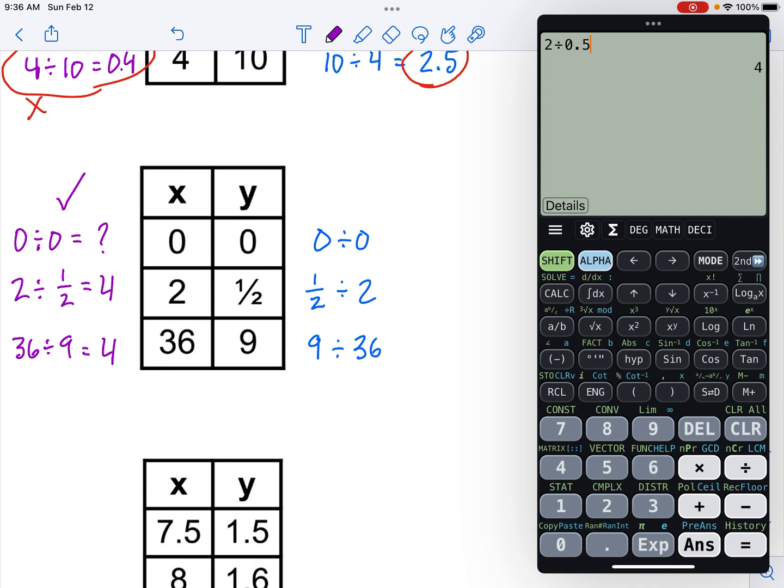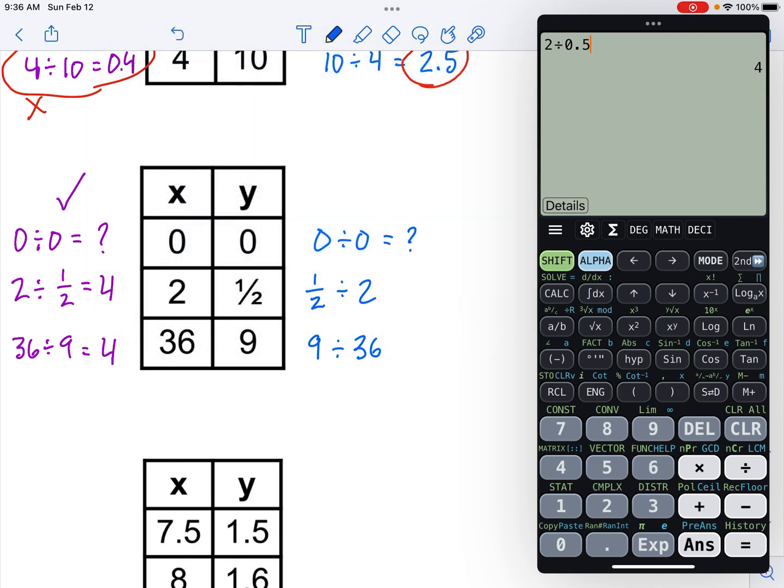When it's 0, 0, you can imagine, sorry, this is like calculating how to get from y to x. I can multiply 0 by 4 to get 0. I can multiply 1/2 by 4 to get 2. And I can multiply 9 by 4 to get 36. Just to show you on the other side that it also works.